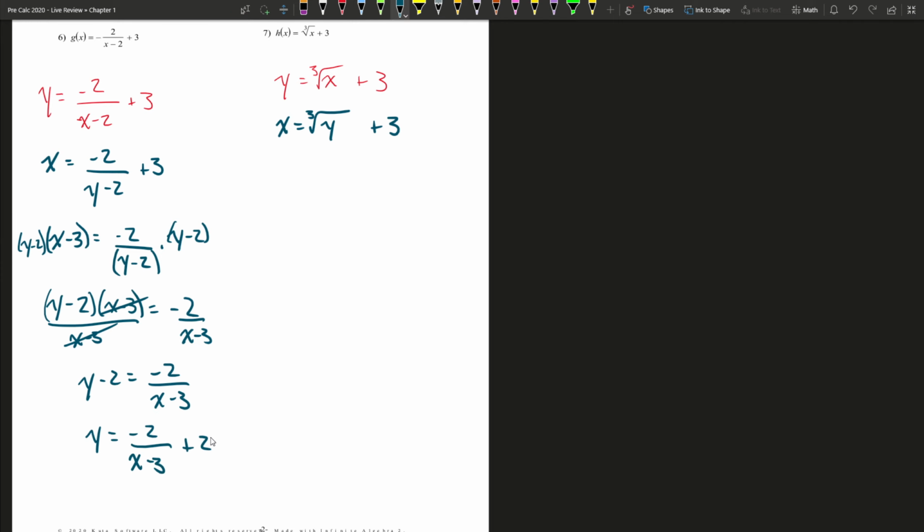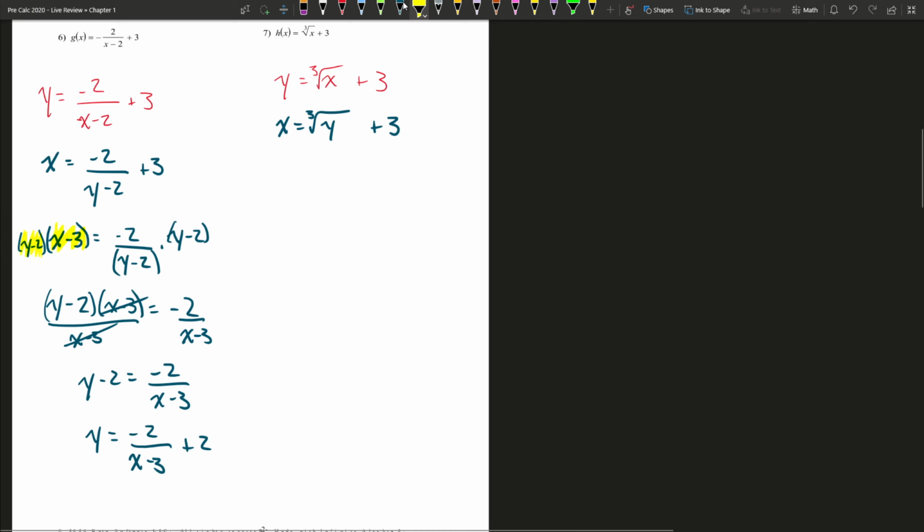Now, you could do all that. You kind of can take a shortcut. You should notice that, well, I guess it's down a little bit further, this y minus 2 and this x minus 3 switch places, right?